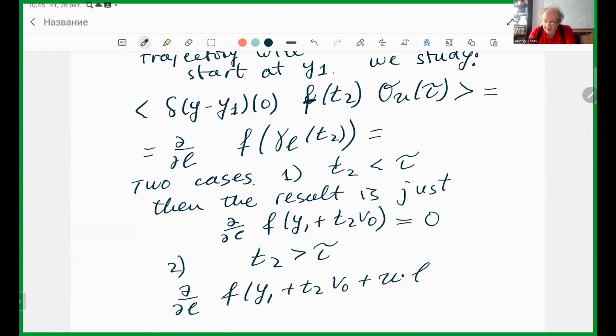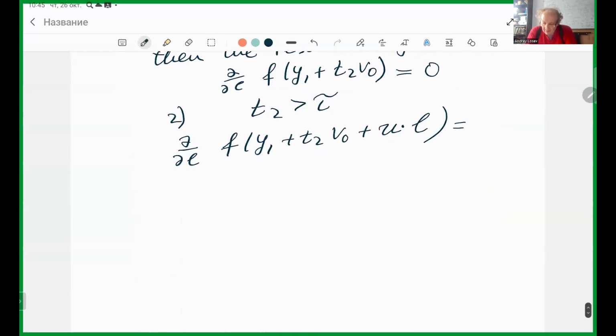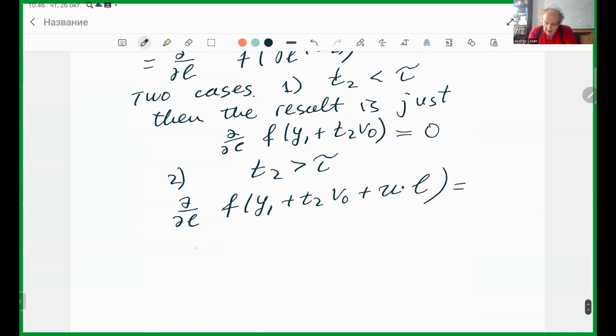It is U times L. But now we may compute it. So I think we can differentiate.